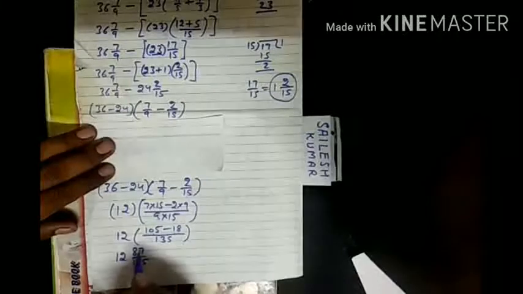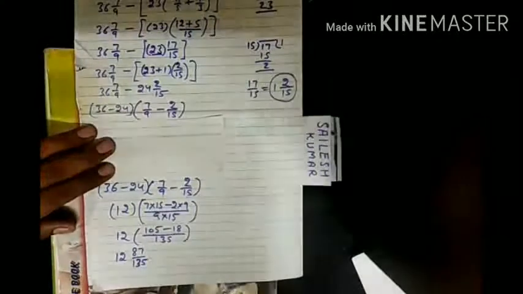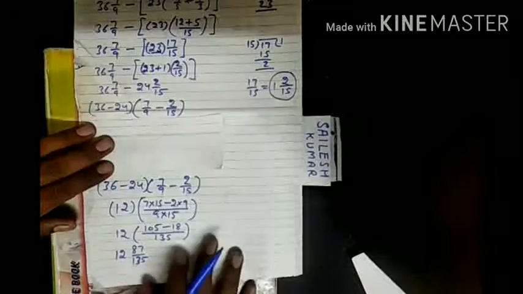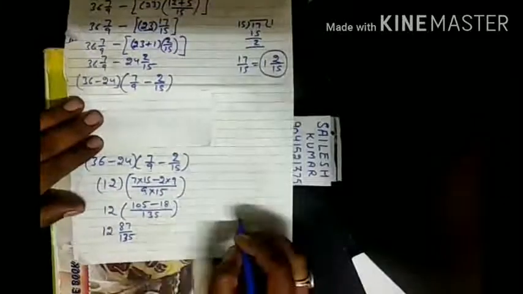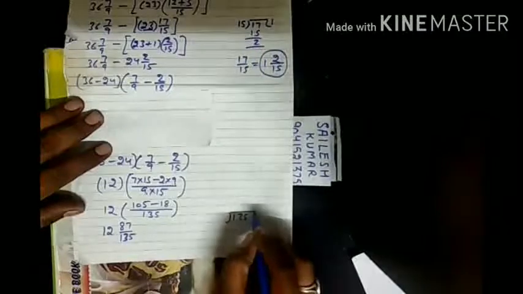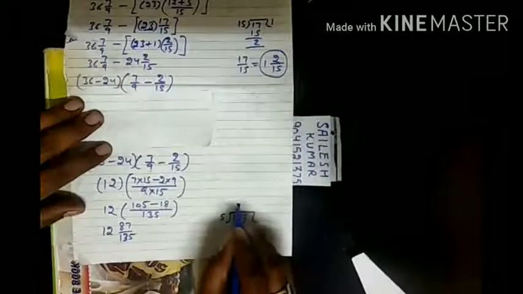Now we have to see, are they divisible by any common table? So to check, we will have to see 135. We know 135 is divisible by 5.